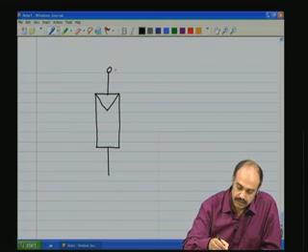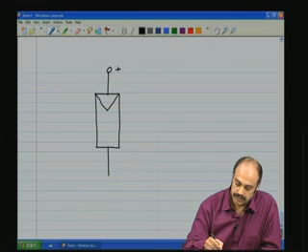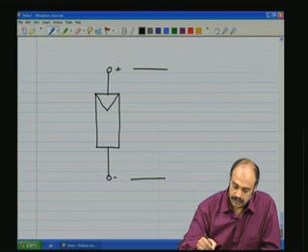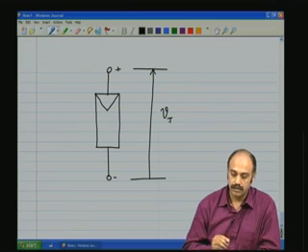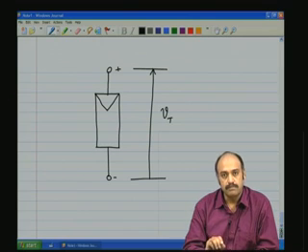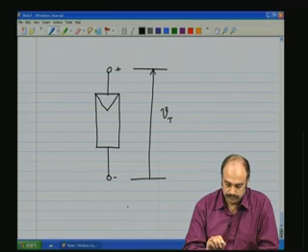So this terminal is the positive end and this terminal is the negative end, and we get the terminal voltage across these terminals. So this is the symbolic representation of a photovoltaic cell.